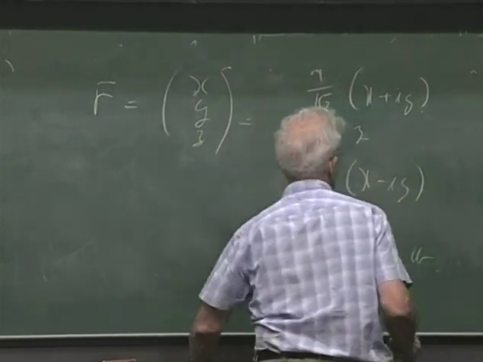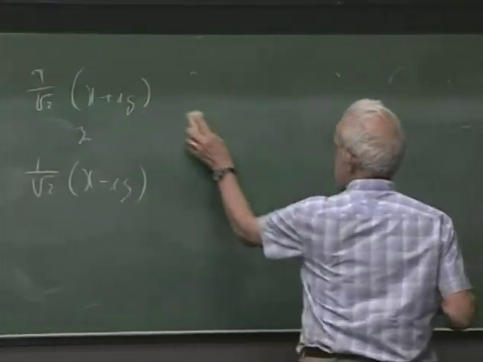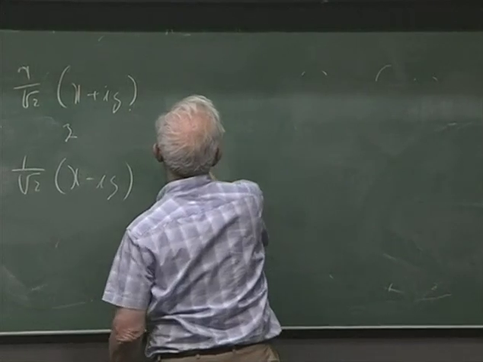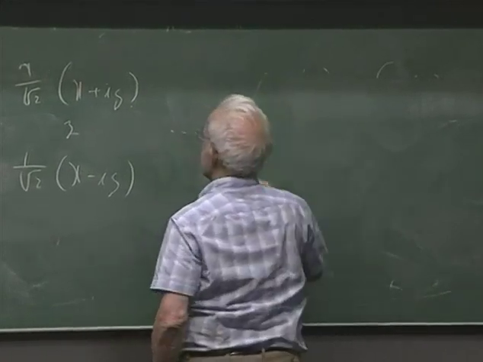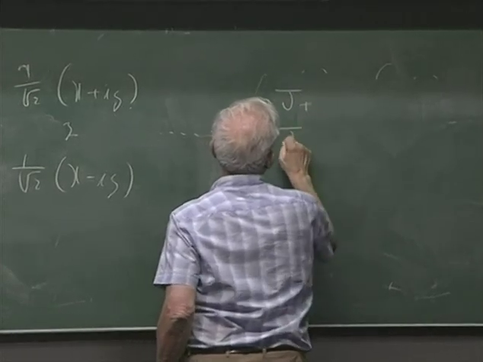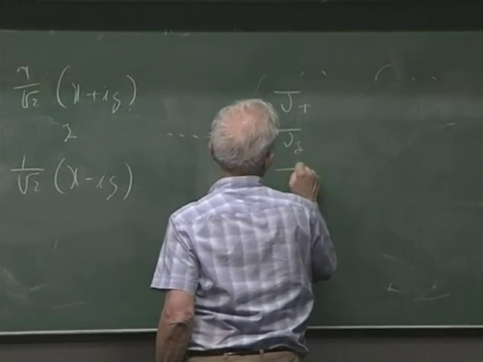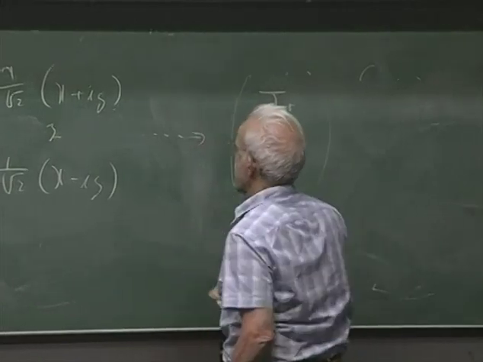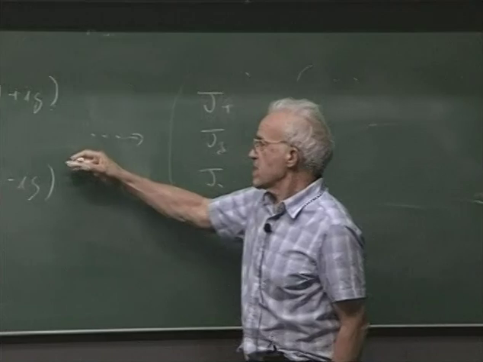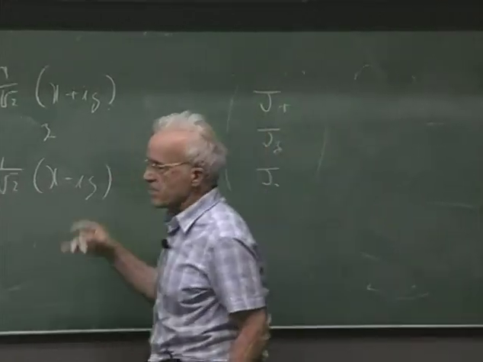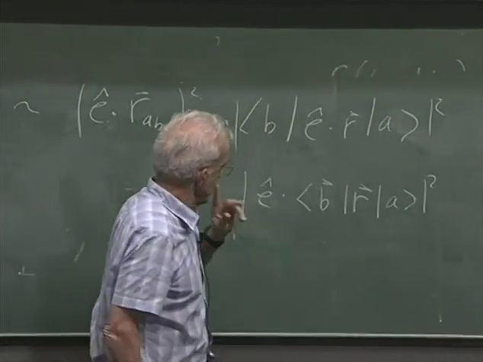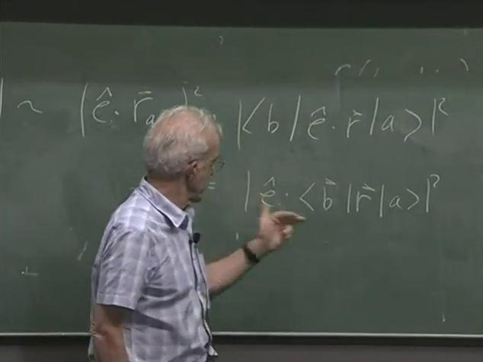And this looks very much like the same form of angular momentum raising and lowering operators, J plus, J z, and J minus. In fact, you can show that these transform the same way. Right? Now, there are two important selection rules which come up in this.